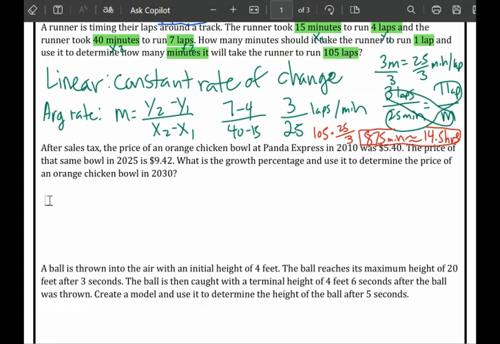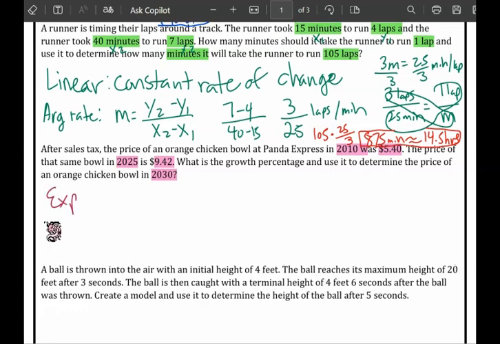After sales tax, the price of an orange chicken bowl at Panda Express in 2010 was $5.40. The price of that same bowl in 2025 is $9.42. What is the growth percentage, and use it to determine the price of an orange chicken bowl in 2030?